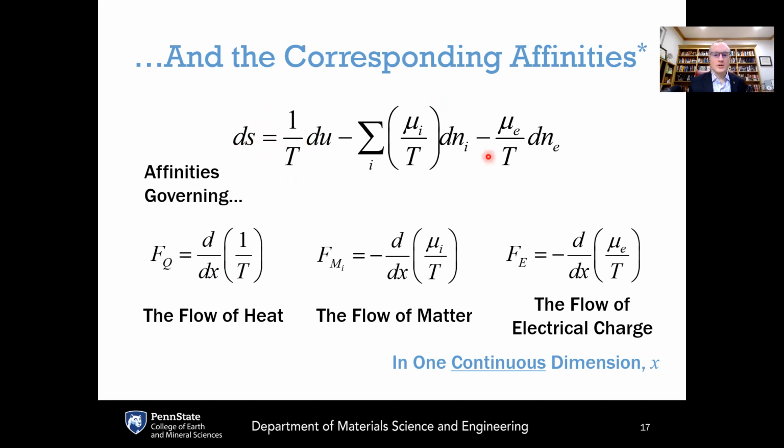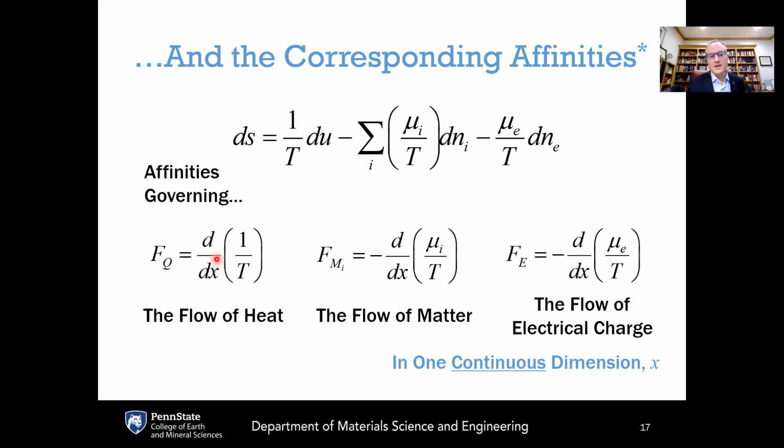Including the appropriate terms here, we've got how the local entropy density is changing with respect to the local internal energy. So how much does the entropy increase due to changes in the internal energy? The prefactor there is 1 over the temperature.